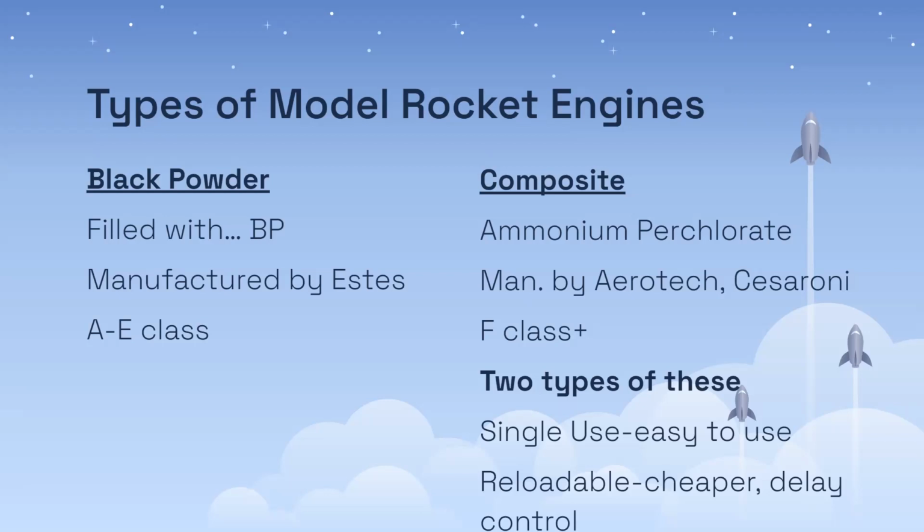But the reloadable ones are cheaper, and you get to control the delay, which may be desirable for some people depending on their rocket's design and what they are trying to do.